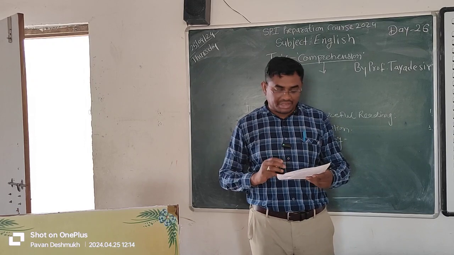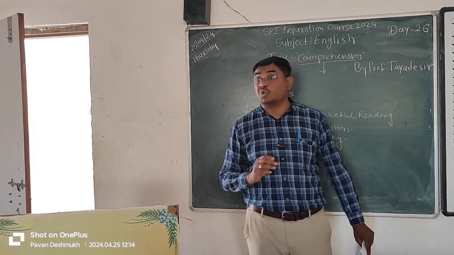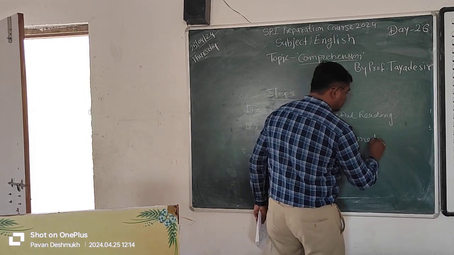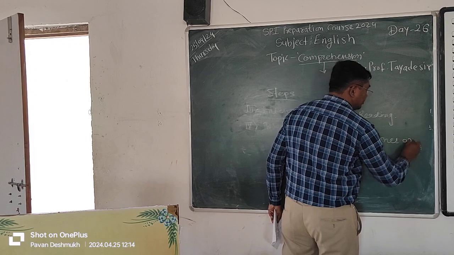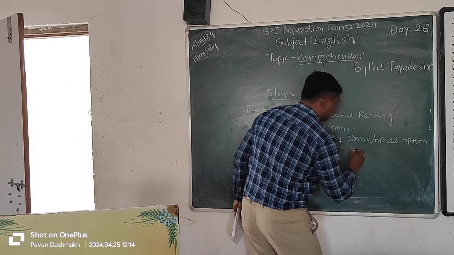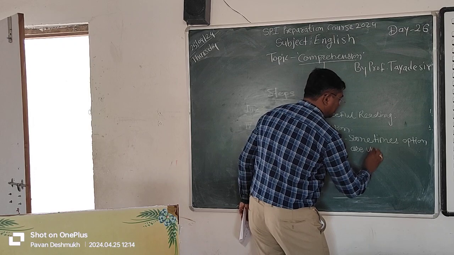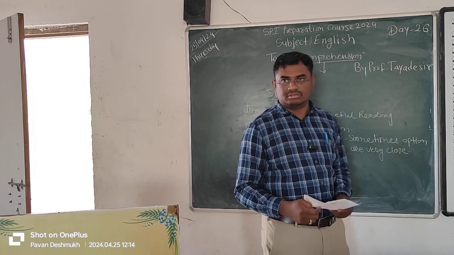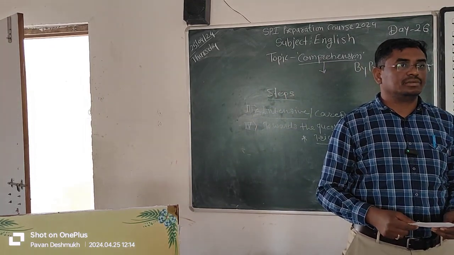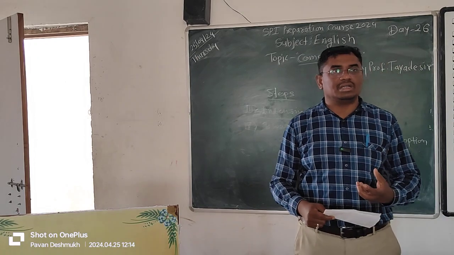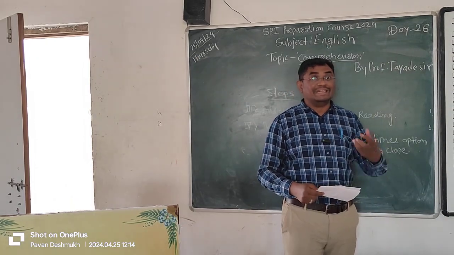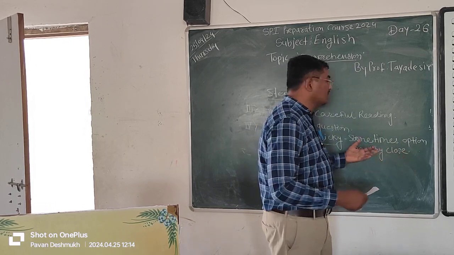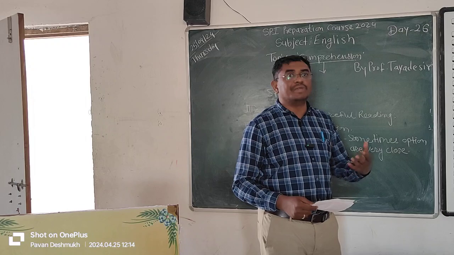There are tricky questions. Sometimes options are very close to each other. That might deceive you if you try to solve hurriedly, and your answer would be wrong.